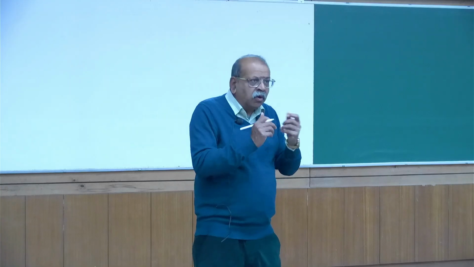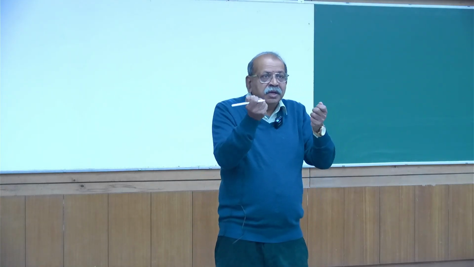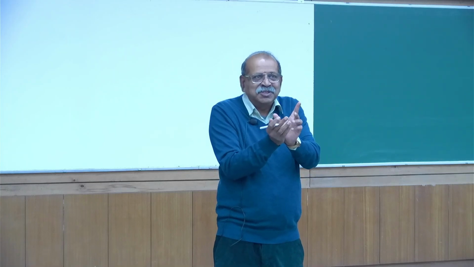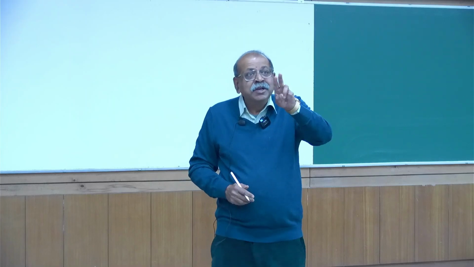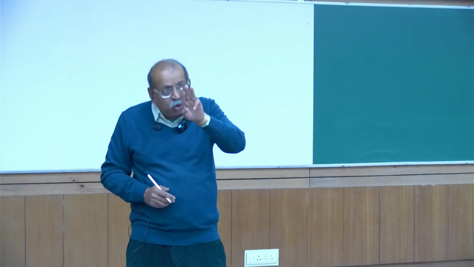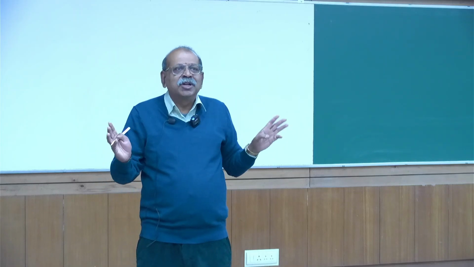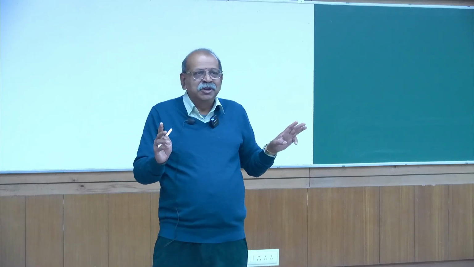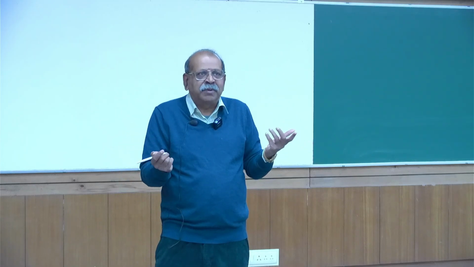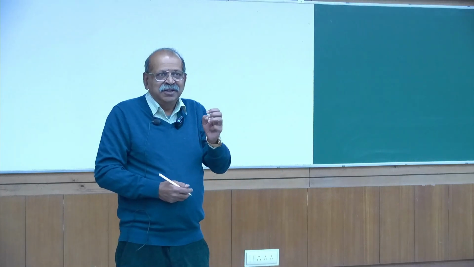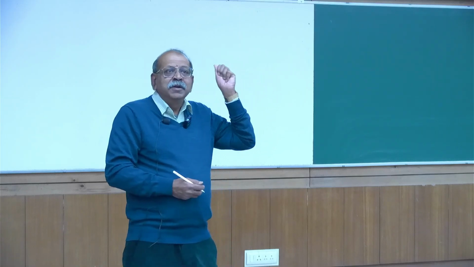What is tau in this plane? 0. Because these are principal axes, so taus are 0. That's why we can plot it in 3 dimensions only for the principal axes, not for the general case. For a planar case, we can always plot a Mohr circle, as you have seen. But for a 3D case, it can only be done for principal axes.